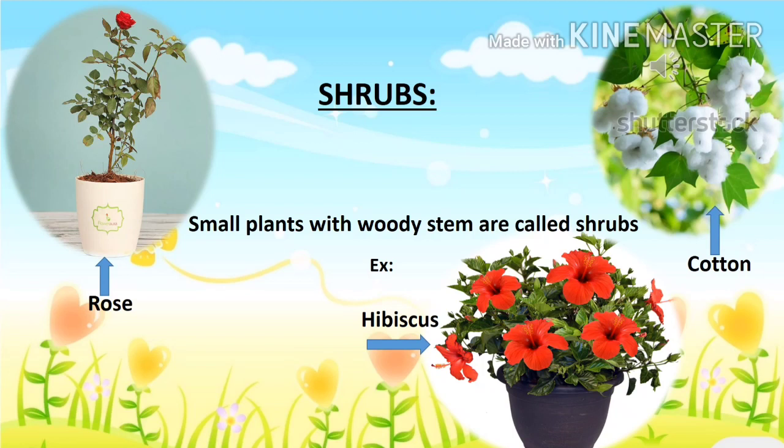Once again, small plants with woody stem are called shrubs. Example, rose plant, cotton plant and hibiscus.